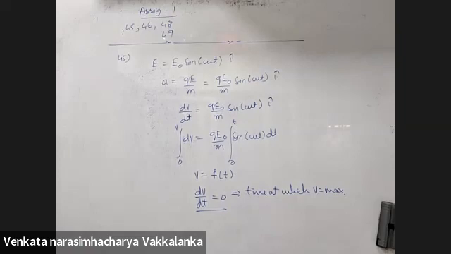Sir, can't you just multiply the expression for acceleration with dt on both sides and then integrate to find change in velocity? That is what I have done. But then can't you just put t as pi by 10 to the power 3? Why should I put pi by 10 to the power 3? Because that's the time for which the velocity will be maximum.